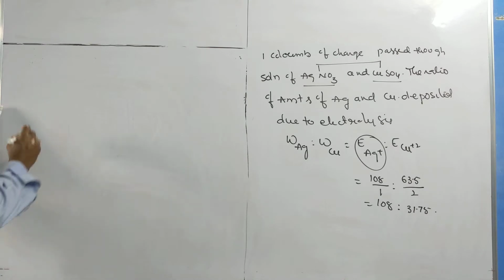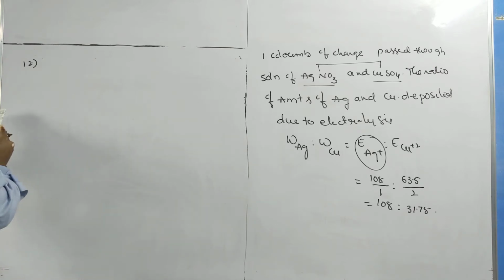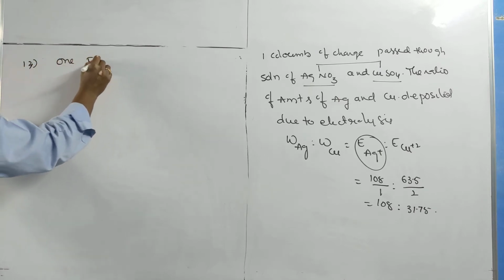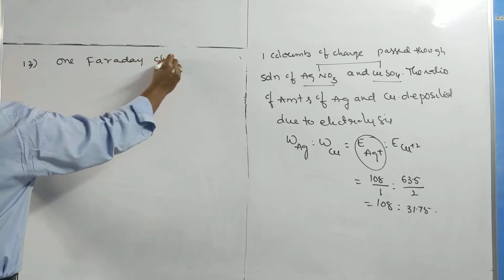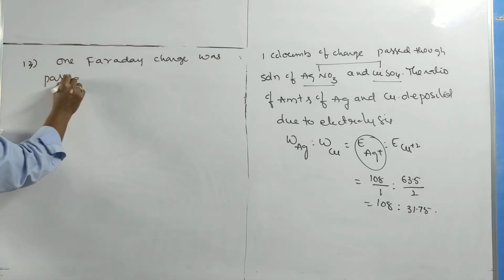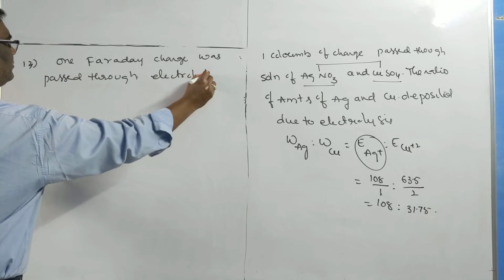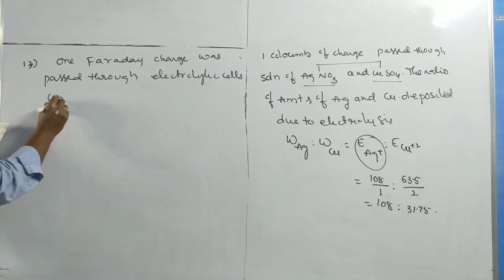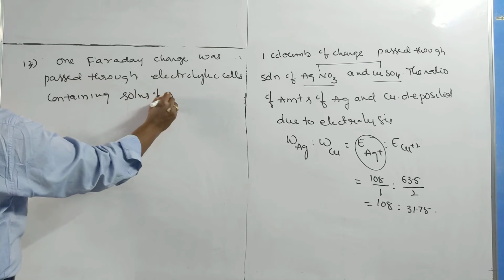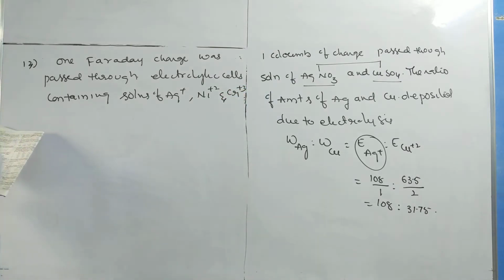The next question. 1 Faraday of charge was passed through electrolytic cells containing solutions of silver, nickel and chromic ions.